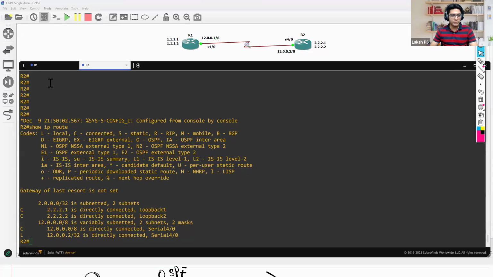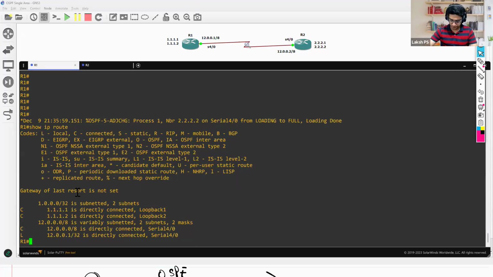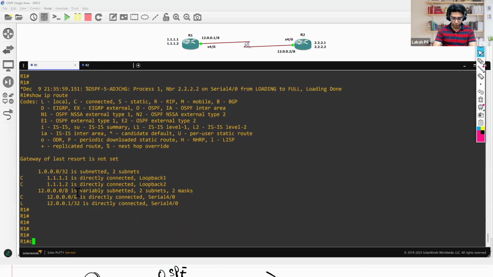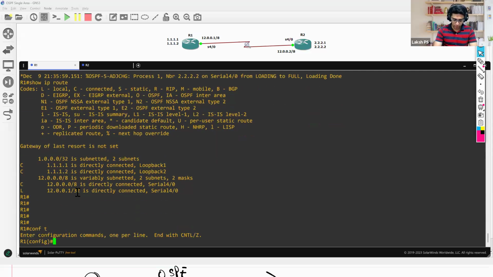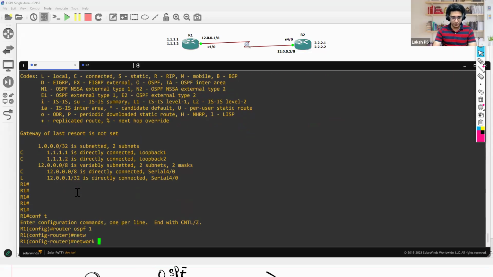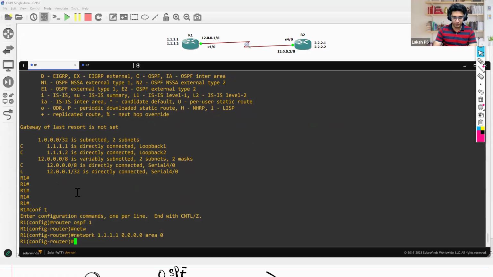Let me also advertise those two IP addresses. Configure terminal, router ospf 1, network 1.1.1.1, because we have used the address mask /32, 0.0.0.0 area 0, then 1.1.1.2 as well.